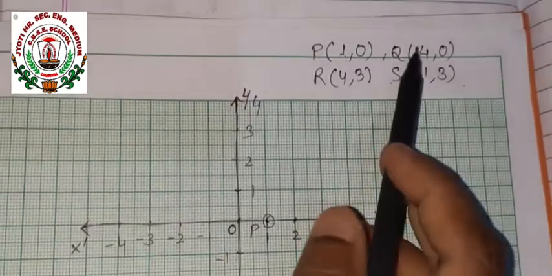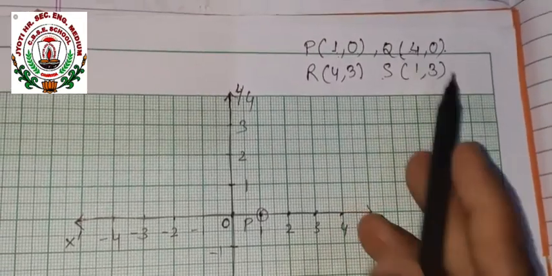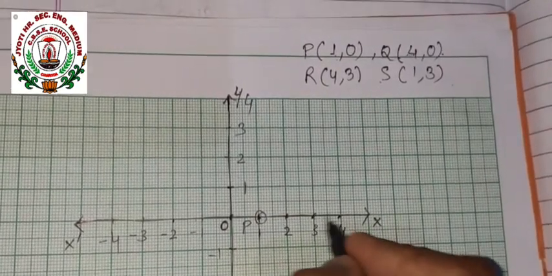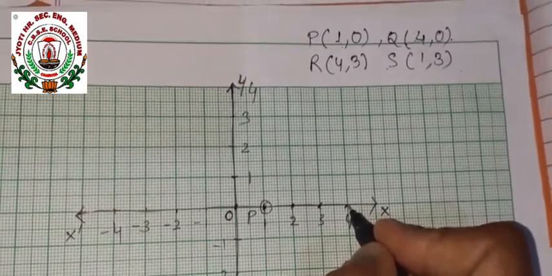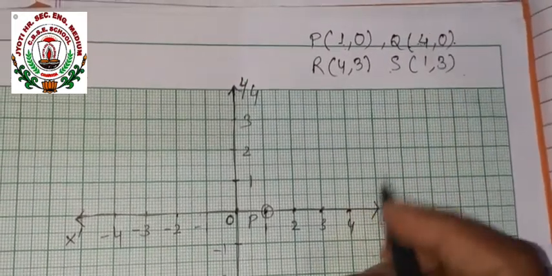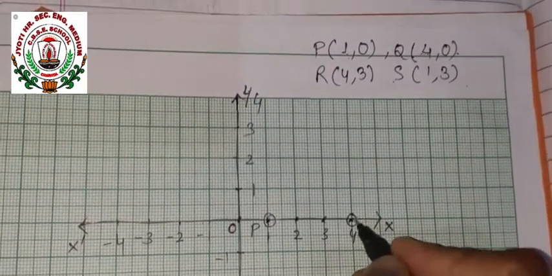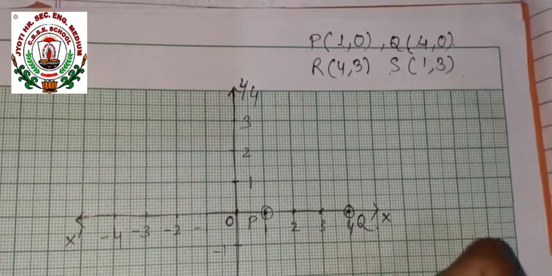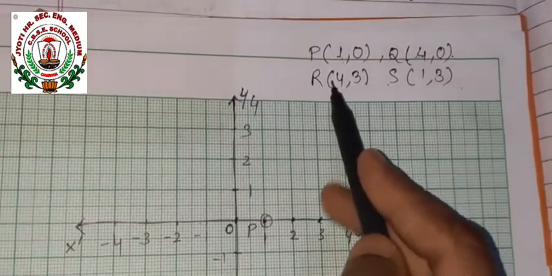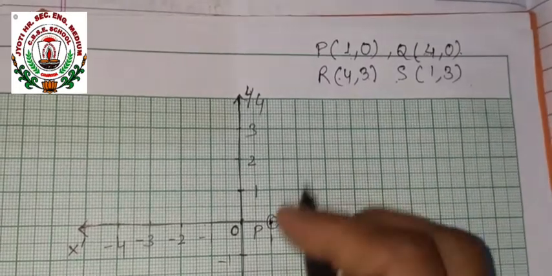Okay, now what is the value of Q? (4, 0) means value of x is 4. So 1, 2, 3, 4. 4 is written here. And y is what? Y coordinate is 0. That means it will be on the x-axis itself. This is Q. Okay, now what is R? (4, 3) means x-axis is 4.